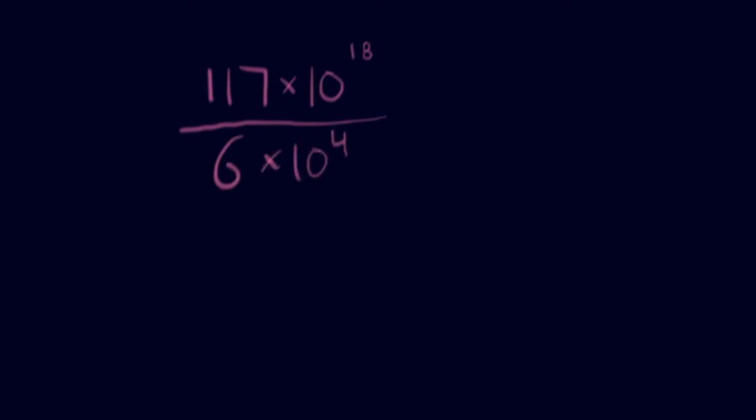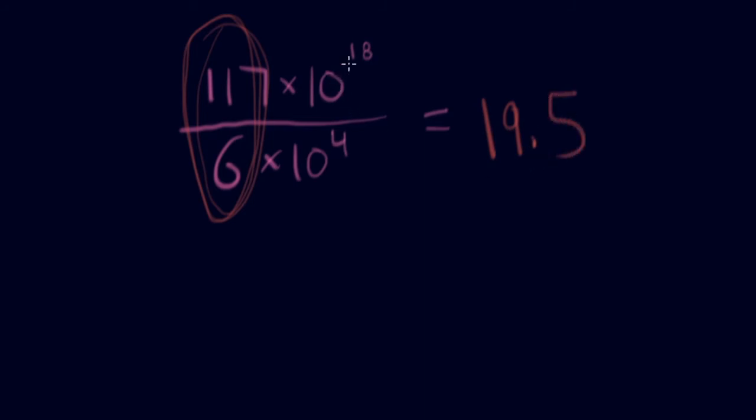Okay, so you're probably thinking you have a good idea of how this goes, so let's see if you can figure it out. You're going to divide these. So 117 divided by 6 is going to give you a really ugly number: 19.5.